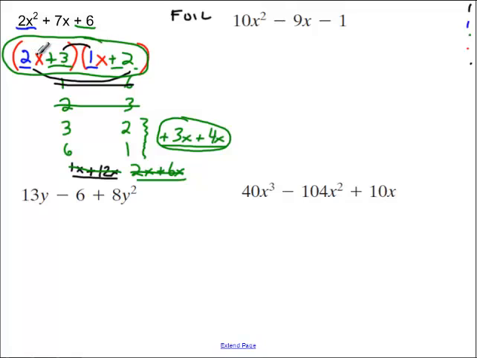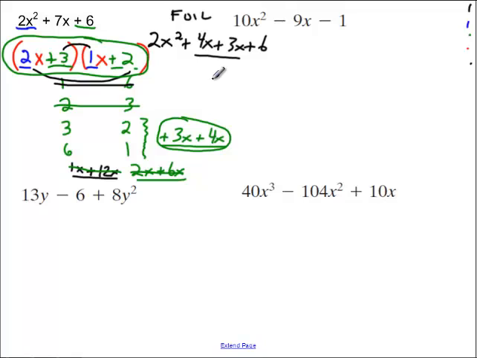First term is 2x times 1x gives me 2x squared. Outside terms are 2x times 2 gives me plus 4x. Inside terms are 3 times plus 1x gives me plus 3x. Last terms are plus 3 times plus 2 is plus 6.